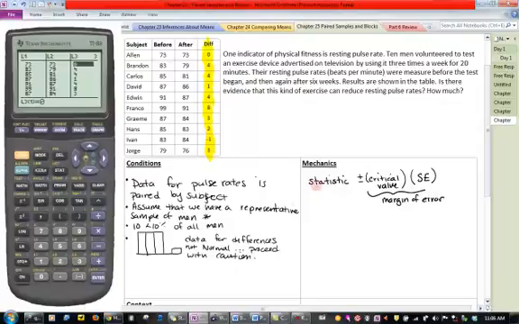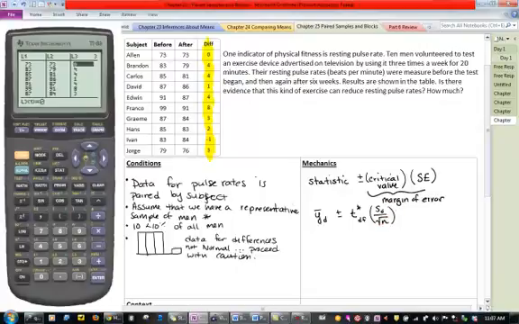In this case, our statistic is the mean difference that we saw. Our critical value is going to be a t-value with some degrees of freedom associated with it. And our standard error is going to be calculated by taking the standard deviation of our differences and dividing by the square root of n.